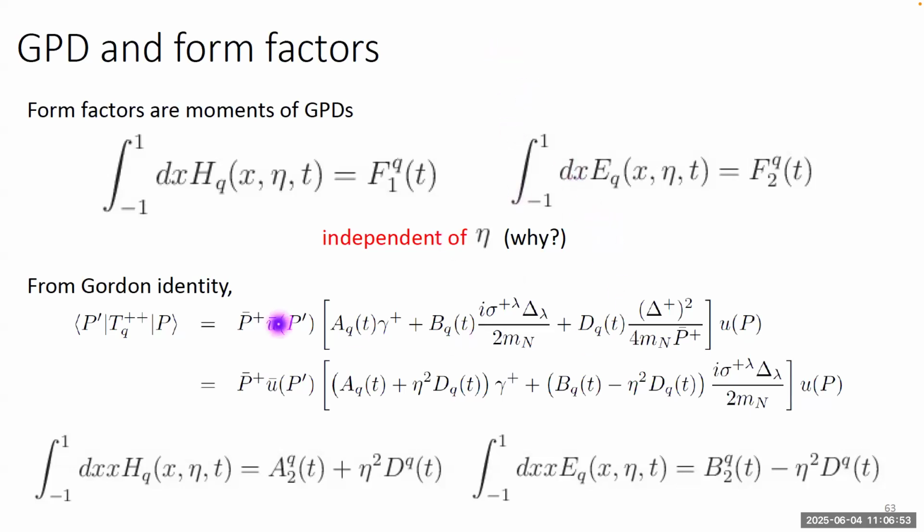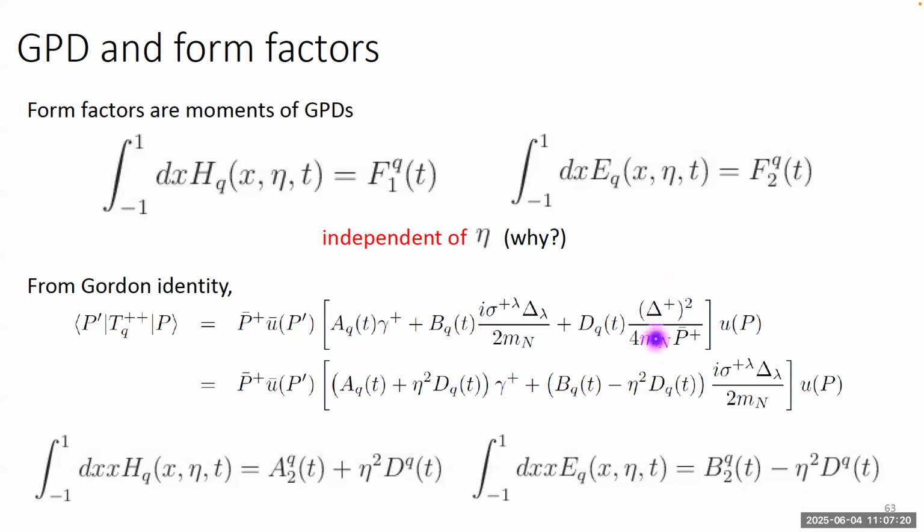Coming back to this energy momentum tensor, you have A and B, and then this last term, which has a different Lorentz gamma matrix structure. This is just one unit matrix here, but you can use a Gordon identity to write this term and combine it together with the A and B. So A and B are shifted by this last term.